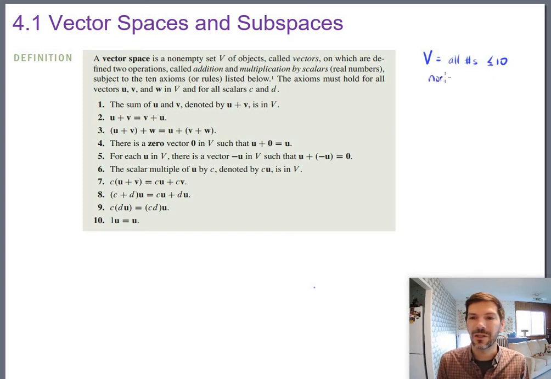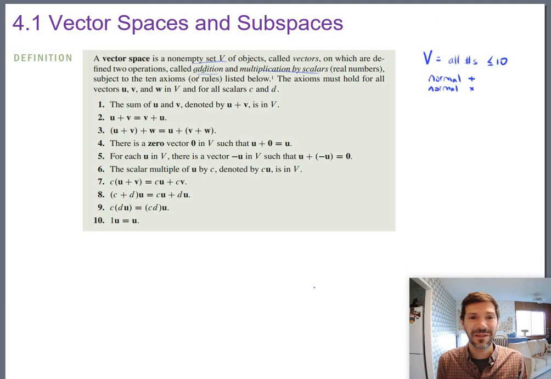And let's say addition, so you have to define your set, right? So there I've defined my set. And you have to define addition, and you have to define scalar multiplication. So I'm just going to say normal addition, so 2 plus 3 is 5, just the way we've always added numbers, and normal scalar multiplication as well.